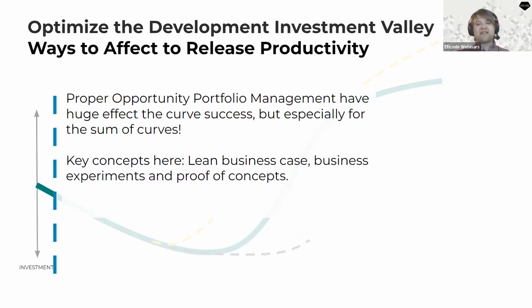Use business cases, business experiments, proof of concept, lean startup methodologies, whatever, to make sure that you select the right investments. Because if the scope of the investment is incorrect, even the best organizations cannot fix the curve later on if you haven't realized it in the beginning.